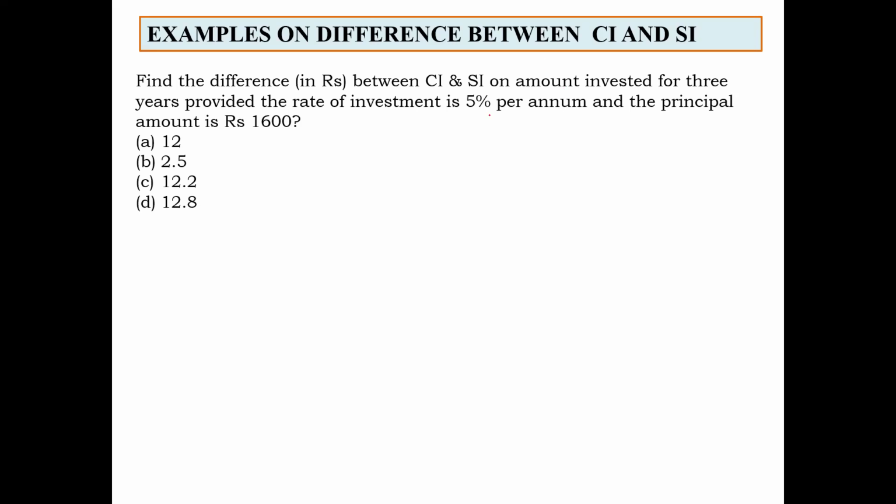So again, just putting in the formula, we can say the difference between CI and SI for 3 years can be written as PR cube upon 100 cube plus 3 PR squared upon 100 squared.